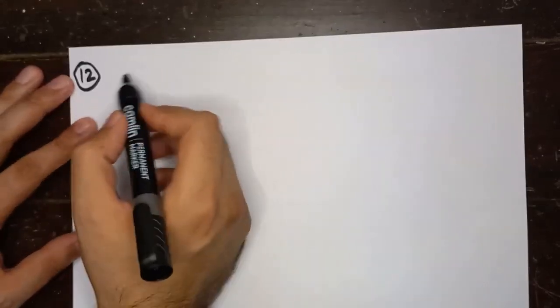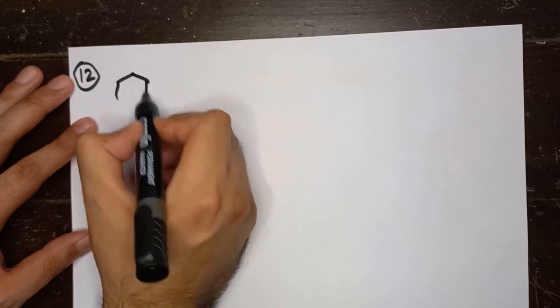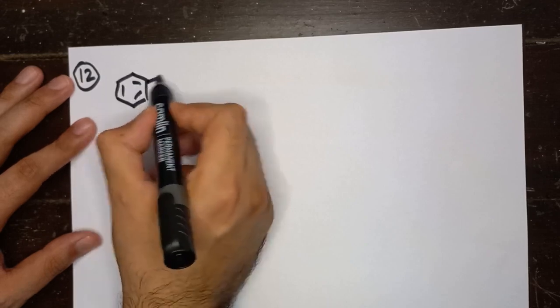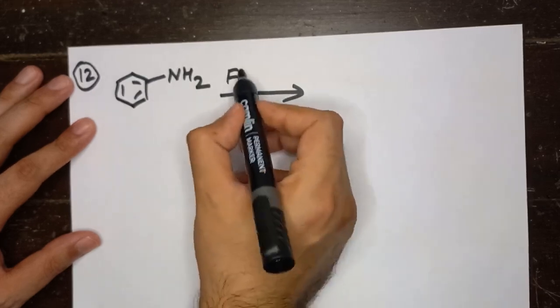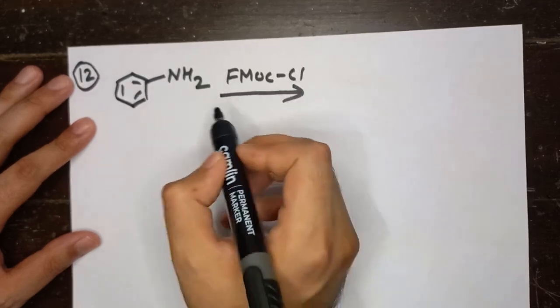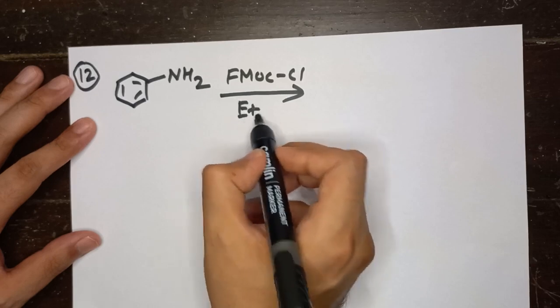Okay, 12th example. Suppose I have this aniline, I am using Fmoc chloride in the presence of triethylamine.